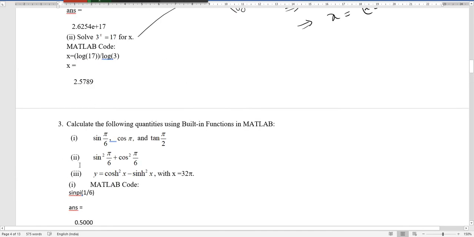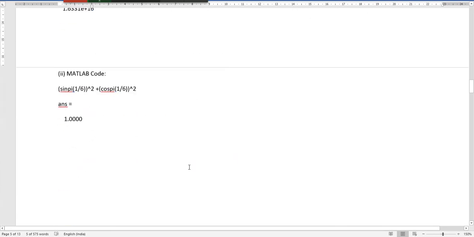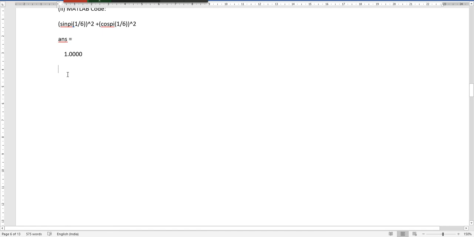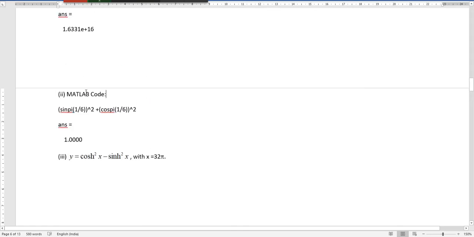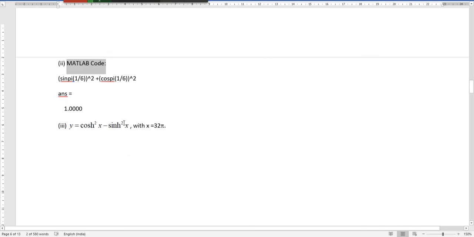Now coming to the third question. What is the question? I will copy the question just for understanding. Matlab code.